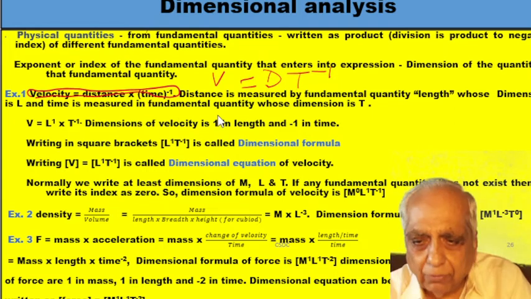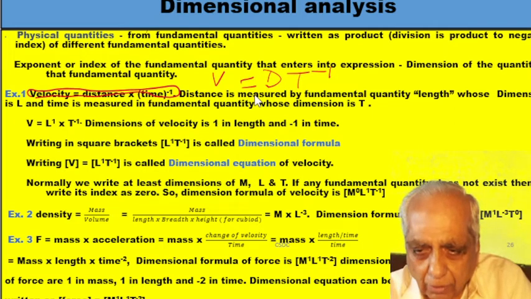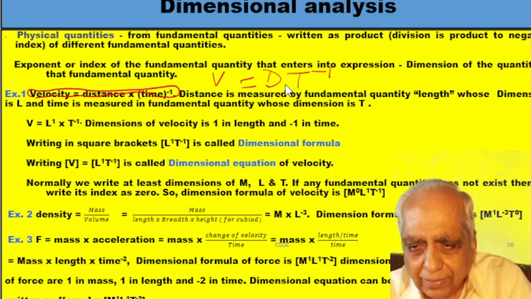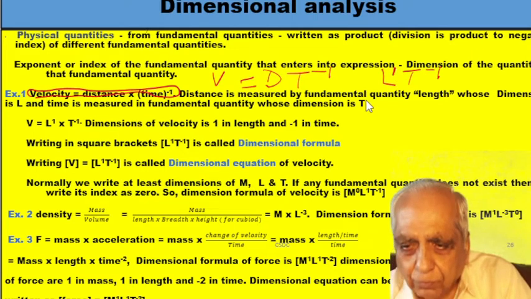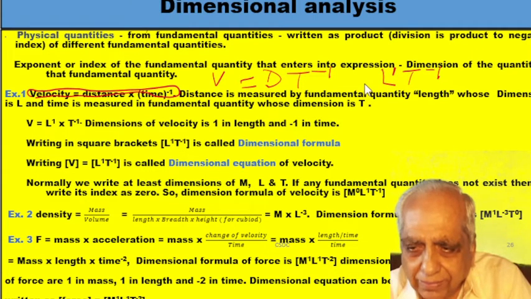Distance is measured in length, time is measured in t. So its fundamental quantity would be L into t raised to minus 1. If there is no index on L, I can write 1. So my velocity is L raised to 1, t raised to minus 1.